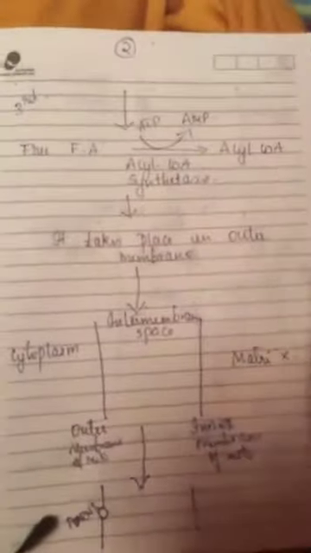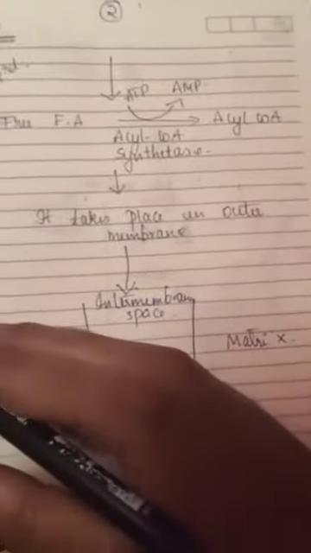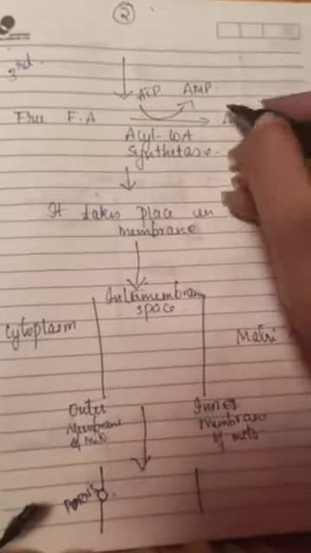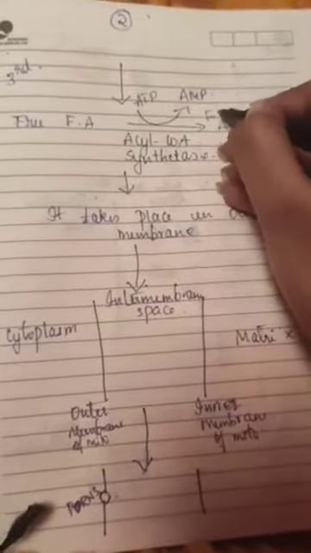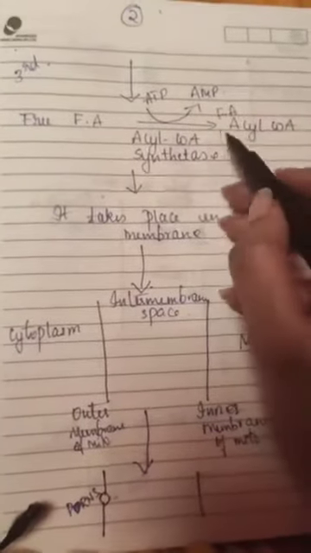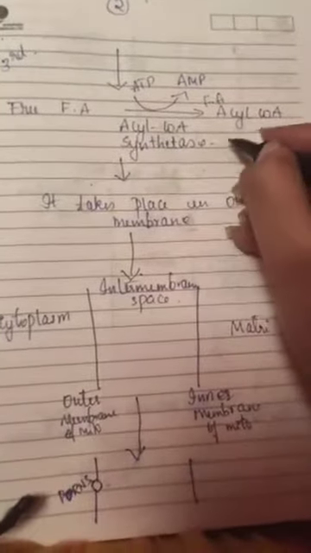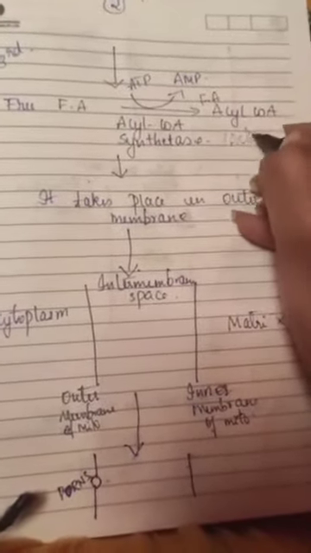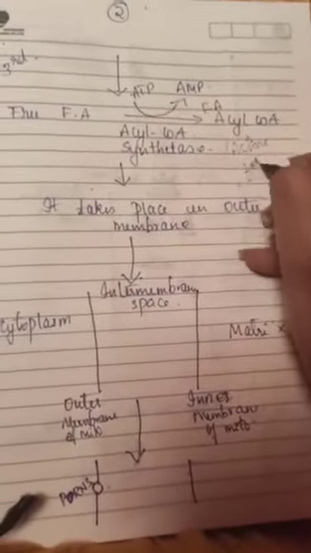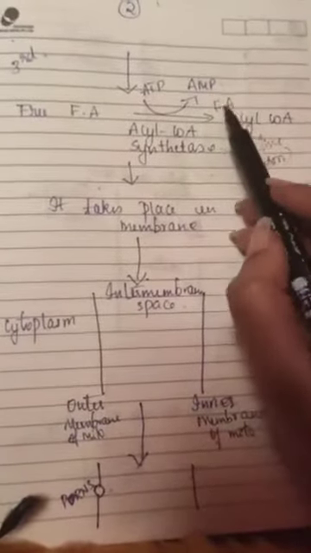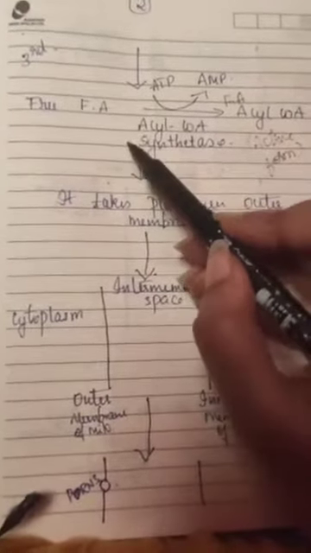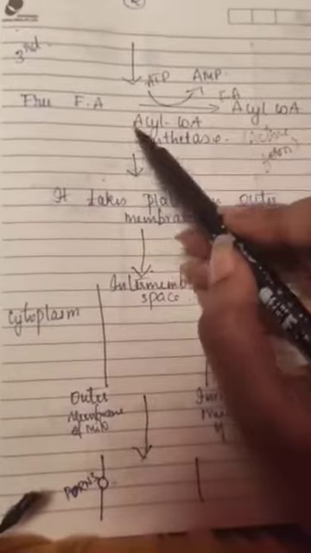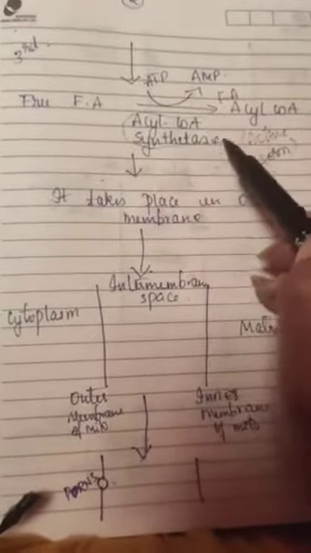How is it activated? The free fatty acid is in the active form when it is along with acyl CoA. Understood? Acyl CoA is the active form. So fatty acid acyl CoA is the active form, and this activation is done in the outer mitochondrial membrane by the enzyme acyl CoA synthetase.